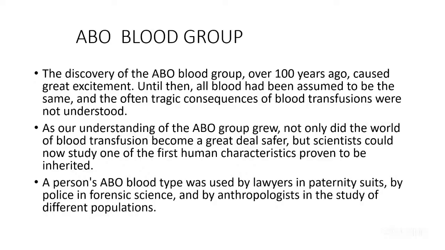As our understanding of the ABO group grew, not only did blood transfusion become a great deal safer, but scientists could now study one of the first human characteristics proven to be inherited. A person's ABO blood type was used by lawyers in paternity suits, by police in forensic science, and by anthropologists in the study of different populations. So you can use it to do anything.